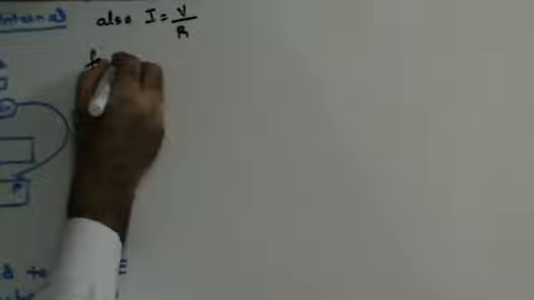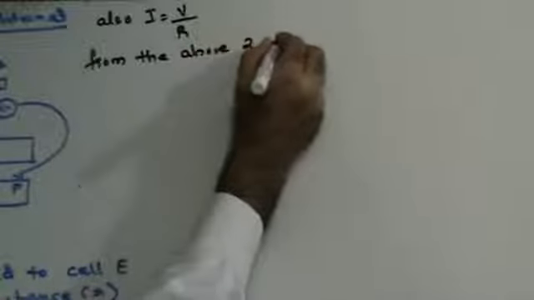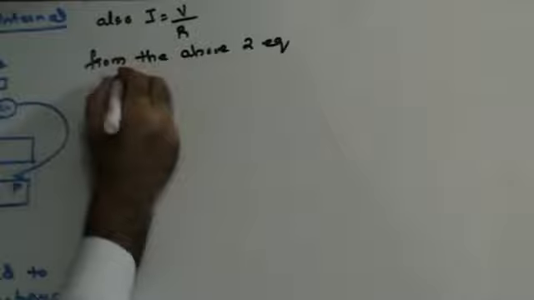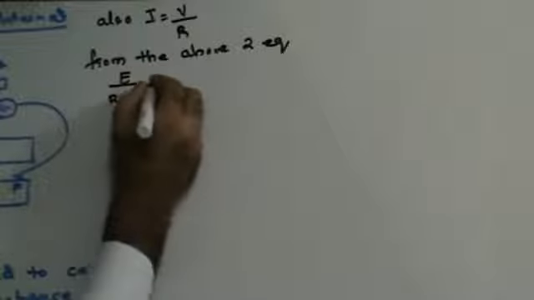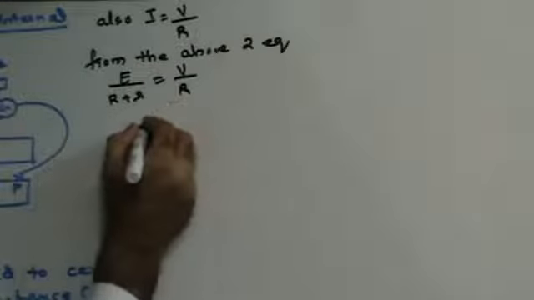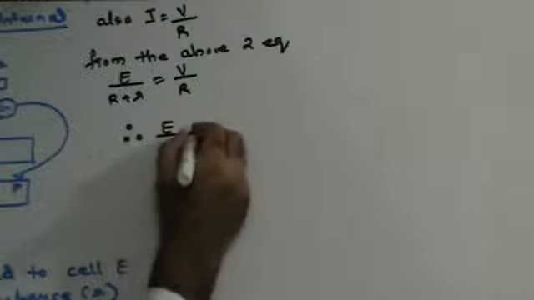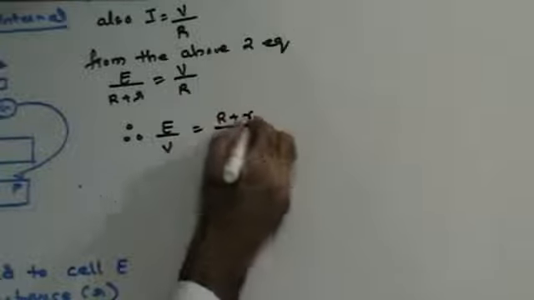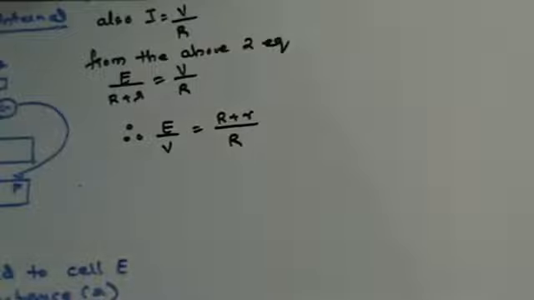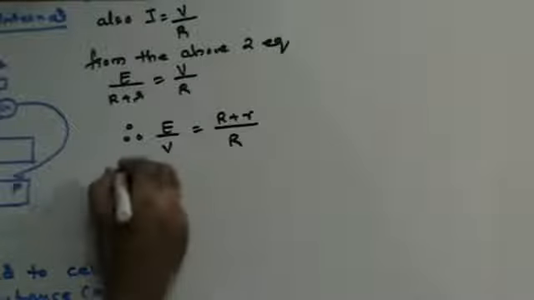Now, in both the cases I is the same. From the above two equations, E upon R plus r is equal to V upon R. Therefore E upon V, cross multiplying, is R plus r upon R. But E upon V we found out is L1 upon L2.